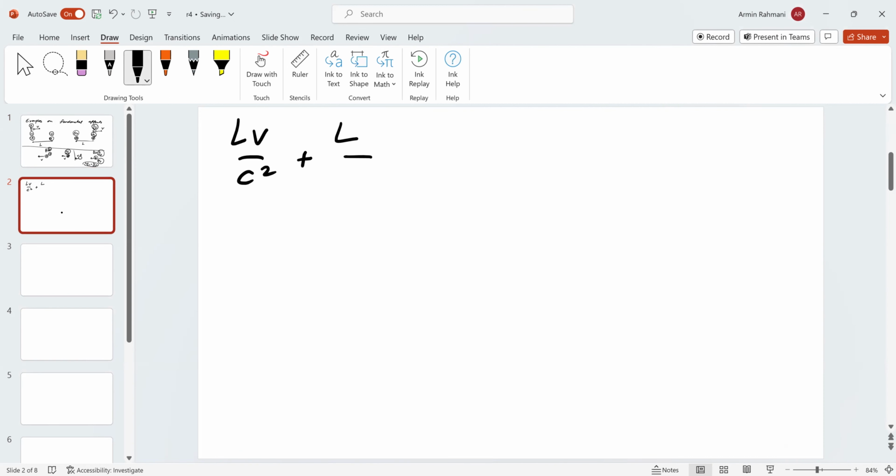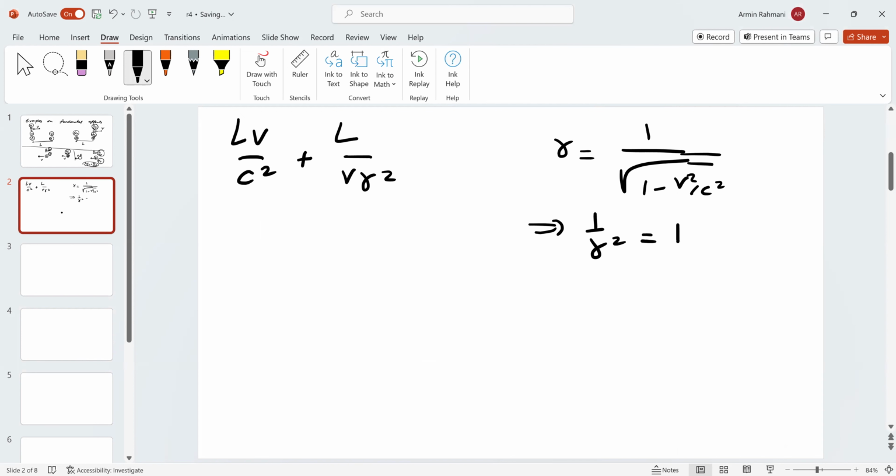over V gamma squared. So we know gamma is 1 over the square root of 1 minus v squared over c squared. So 1 over gamma squared, we square it and then invert it, becomes 1 minus v squared over c squared.